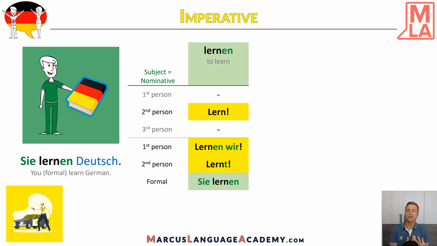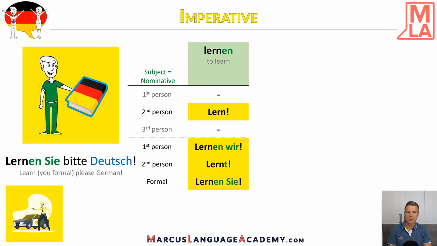So we say normally Sie lernen Deutsch. You, in the formal way, learn German. And here the same thing happens like in first person. Verb and pronoun switch position. So lernen Sie bitte Deutsch. Learn you, formal way, please German. So that's the imperative for a regular verb.